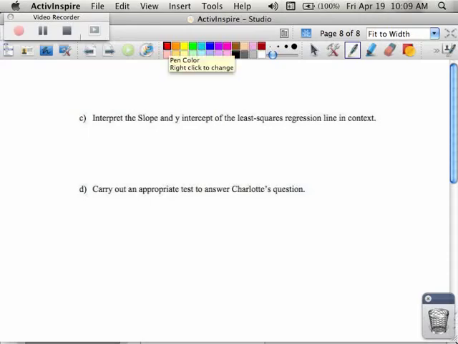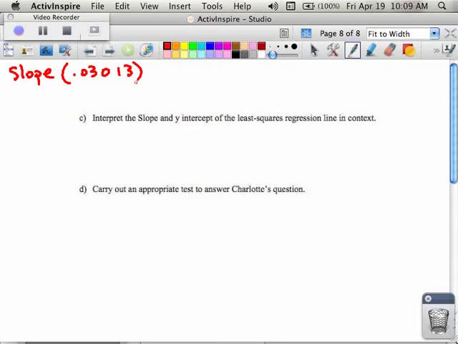In part C, the first part, let's talk about the slope. So the slope, which was that 0.03013. Like this? Yeah. All right.